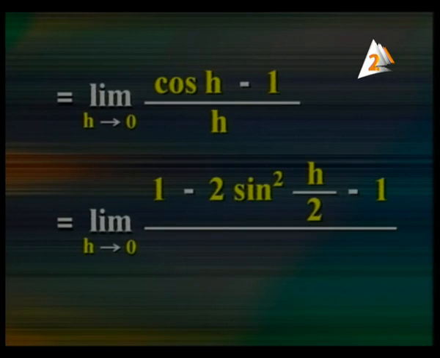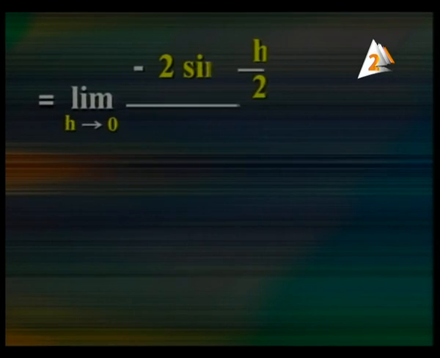Cosine 0 equals 1. Look at, dear student, we substitute cosine h equals 1 minus 2 sine squared h over 2. Therefore, the limit equals negative 2 sine squared h over 2 over h when h tends to 0.